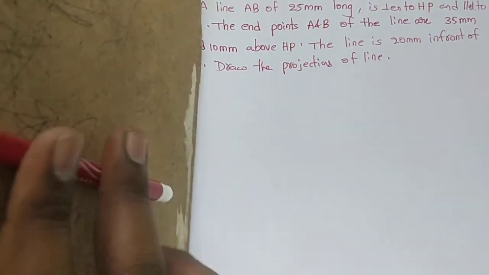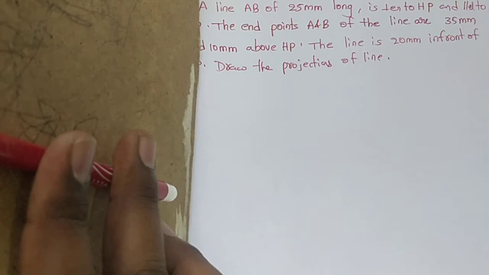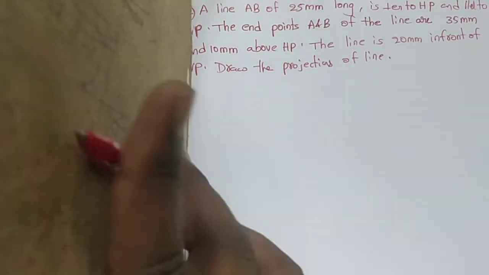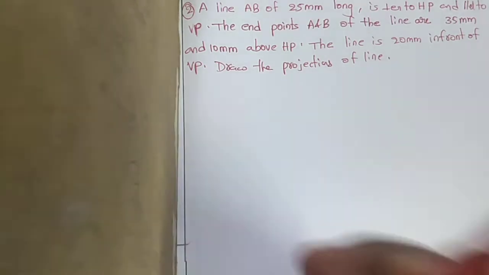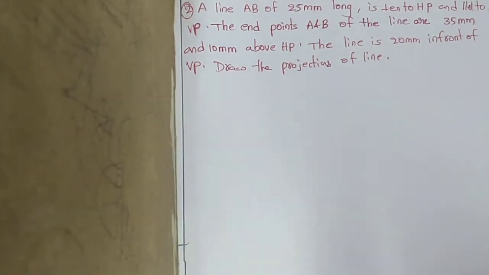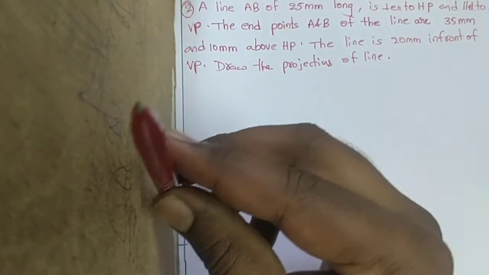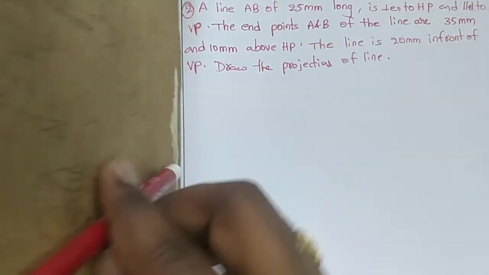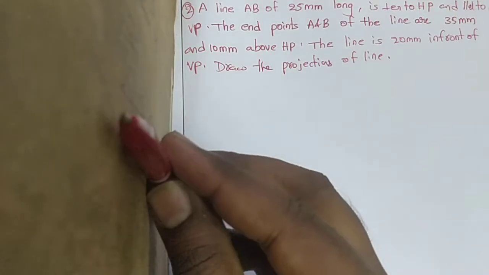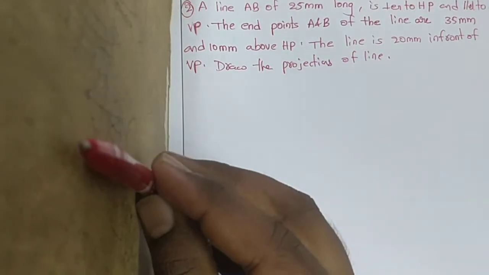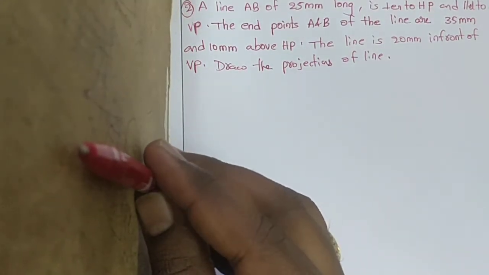The distance from B to the base is 10 mm and from A to the base is 35 mm. Like this we need to place the object.